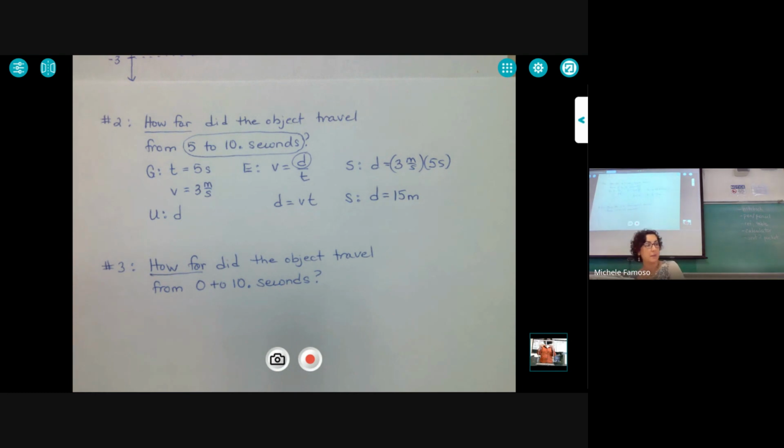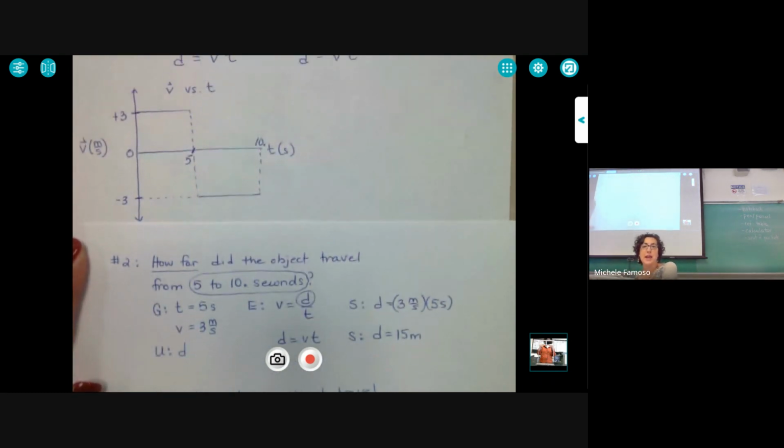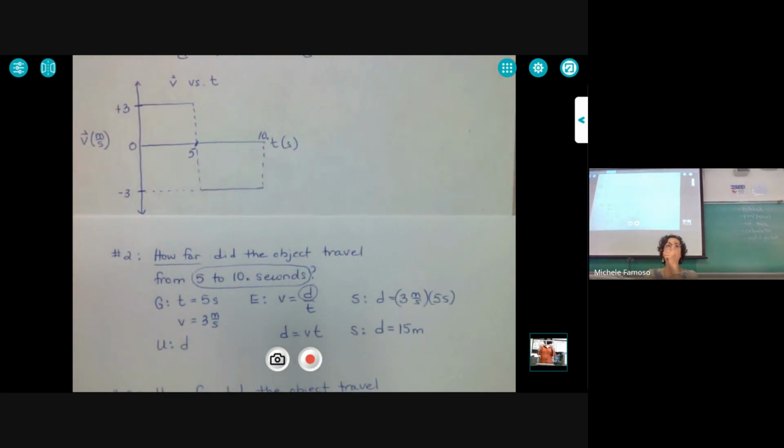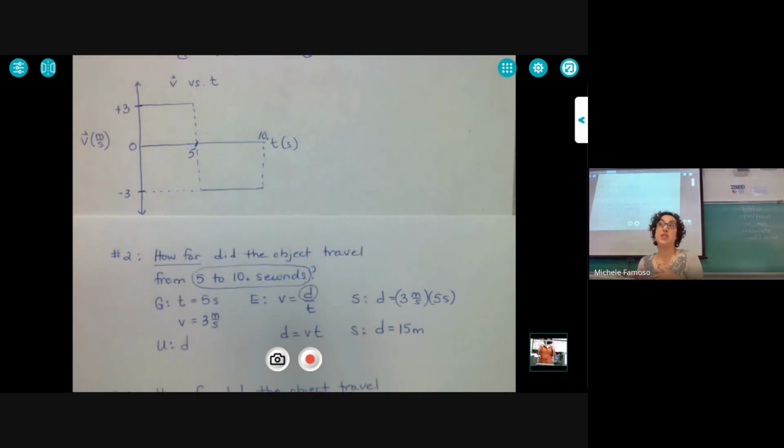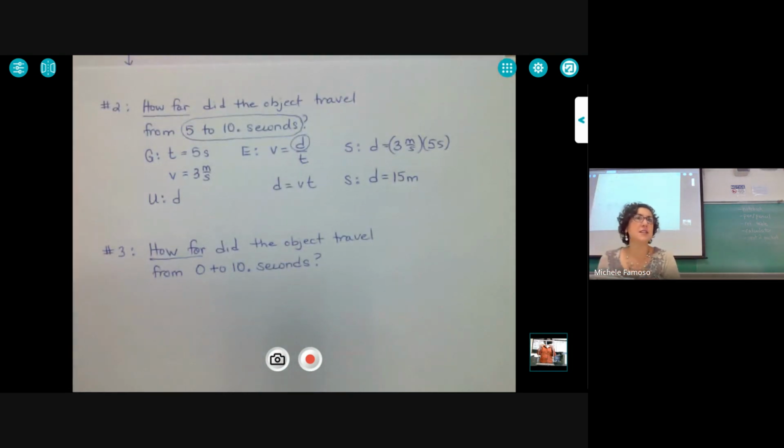Okay, here's the thing. When I look at that graph, I don't have one line between 0 and 10, right? How many lines do I have between 0 and 10 seconds? 2. To do this, I need to know how much distance was here and how much distance was here. And then what do you think I do to get the total distance? Didn't we already find the distances in each time period?